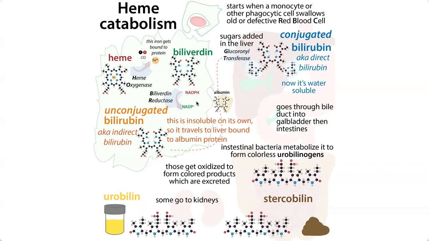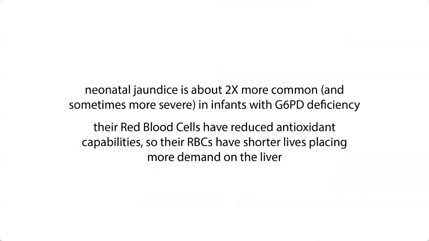The process of breaking down the heme actually needs NADPH. Additionally, you're going to have a lot more breakdown when these cells are damaged. And so babies can actually get problems. One of the ways that G6PD deficiency is realized in infants sometimes is because they're more likely to have neonatal jaundice.